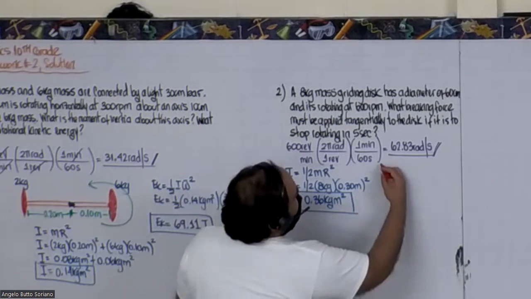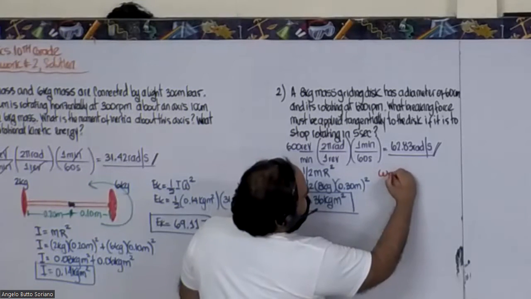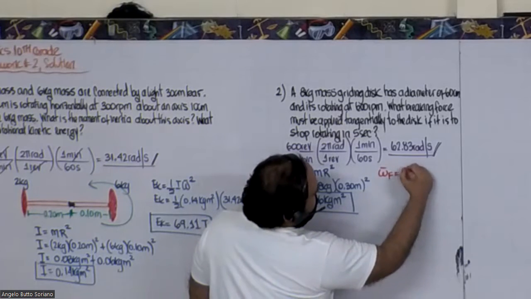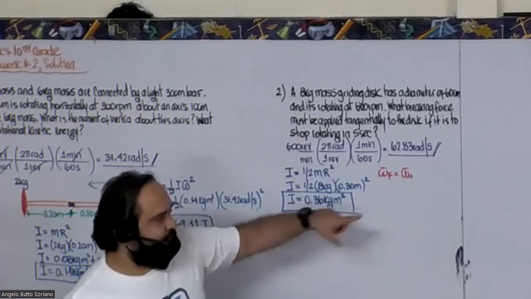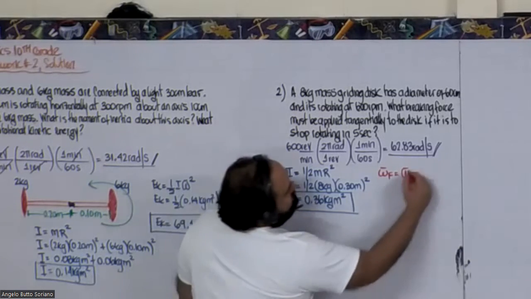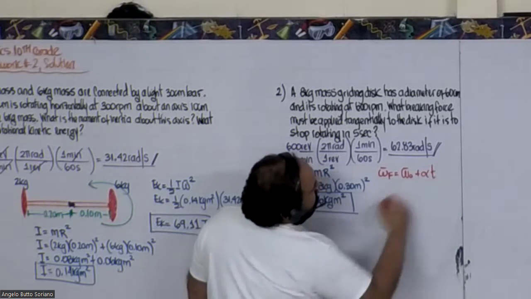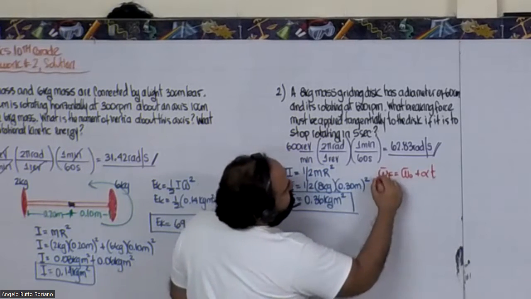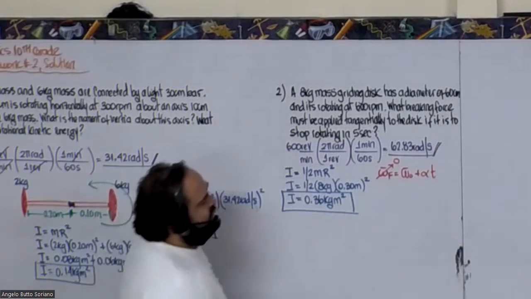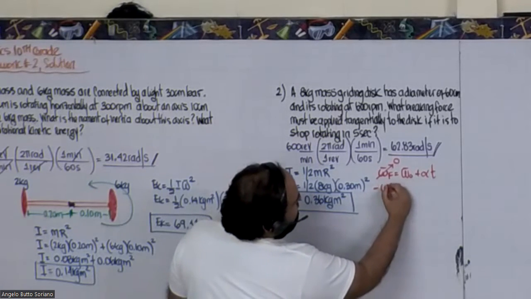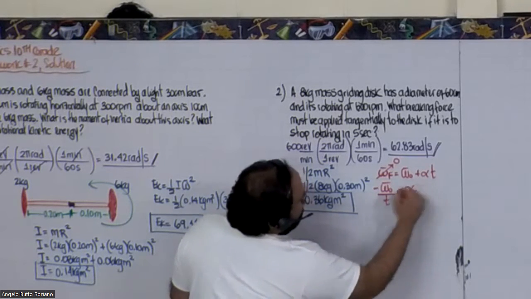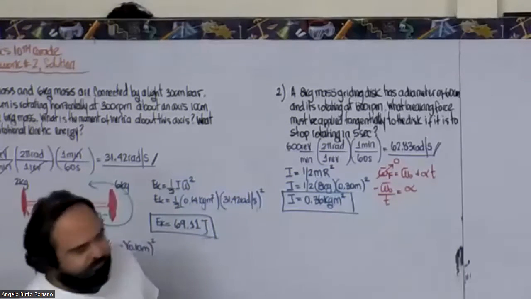So we can calculate the angular acceleration using the uniform angular motion formula. Because the final velocity is 0, since it comes to a stop, alpha equals negative omega initial divided by the period of time.